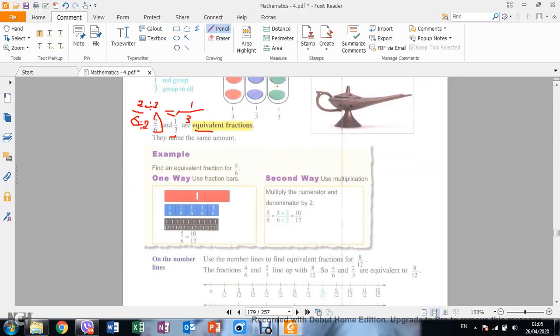Okay, look at this example. Find equivalent fractions for 5/6.